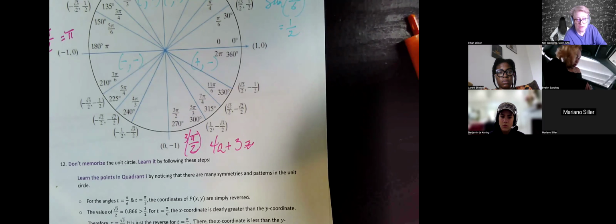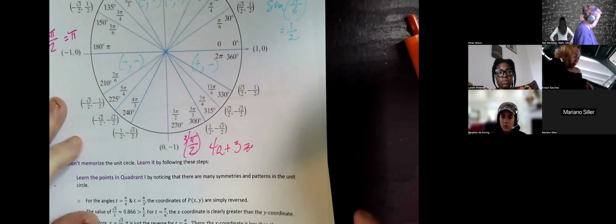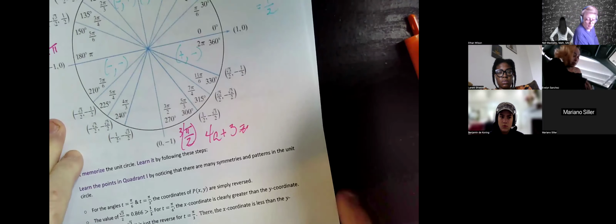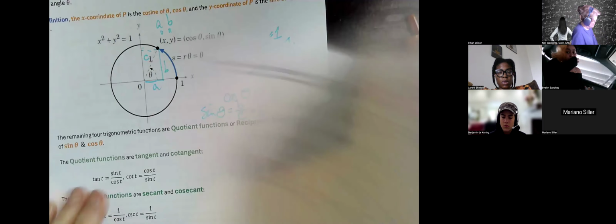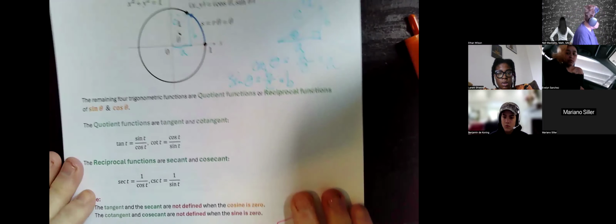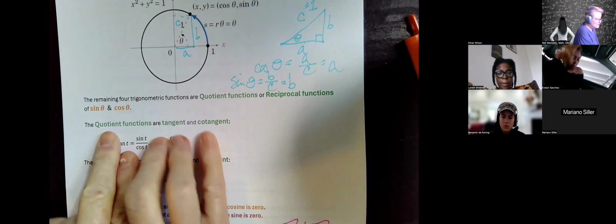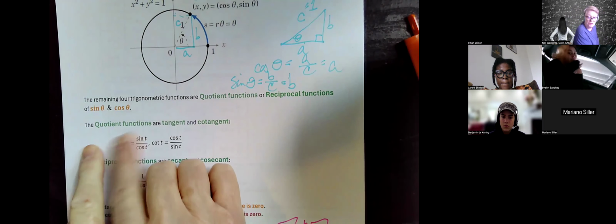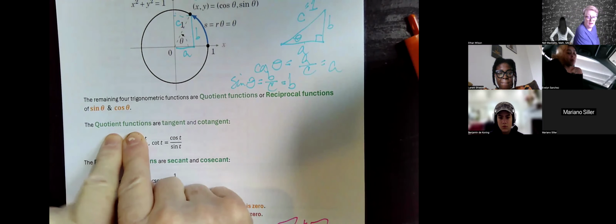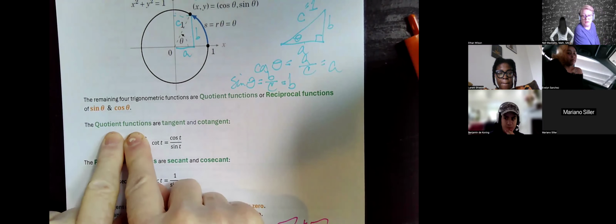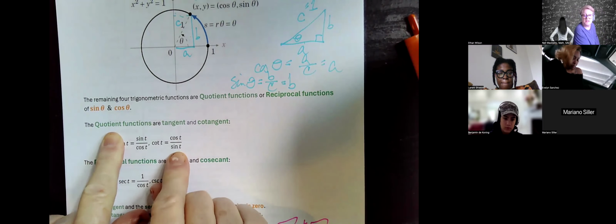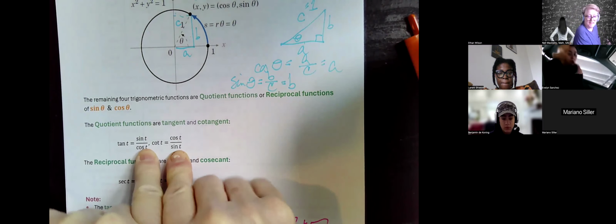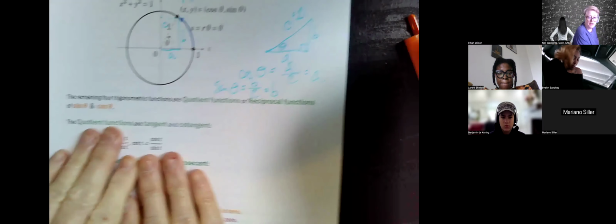All right. So now let's look at the other functions. We think of tangent and cotangent as quotient functions because using sine and cosine, we take a quotient to get to them. But let's see why those are quotient functions.